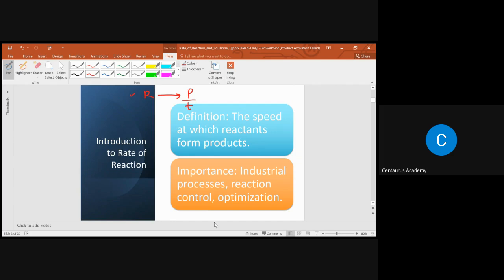To simply define it, it is basically the speed at which the reactants form products, or you can also say the speed at which the reactants are lost to form new products. Okay. So you can see it both ways. And specifically, when you look into how the rate of reaction is investigated, you look into both ways. Okay.